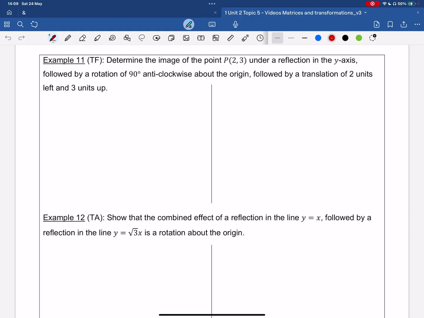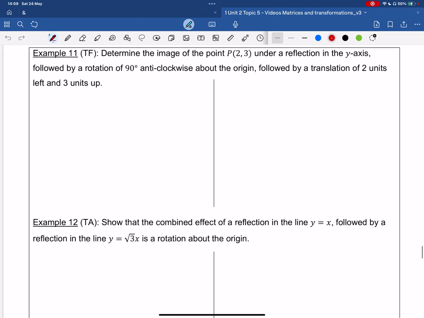So when we're working out which order we're doing things in, we're going to identify all of our different transformations, and then we multiply the last one by the second last one by the original to get our image.